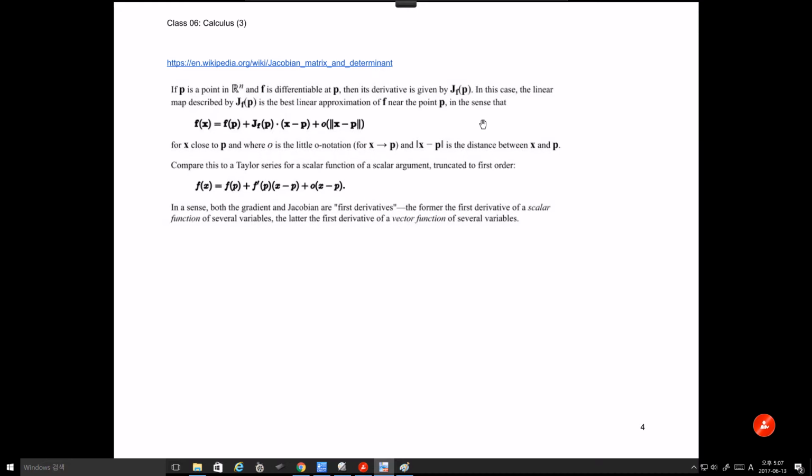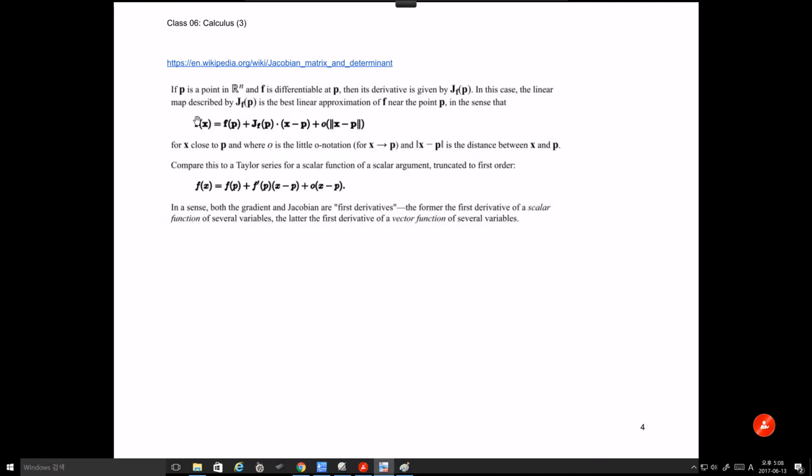This Jacobian matrix is like a generalized version of the gradient. The gradient is a generalized version of the first derivative, and the Jacobian is a generalized version of the gradient. So out of the three, the Jacobian is the most general first derivative.